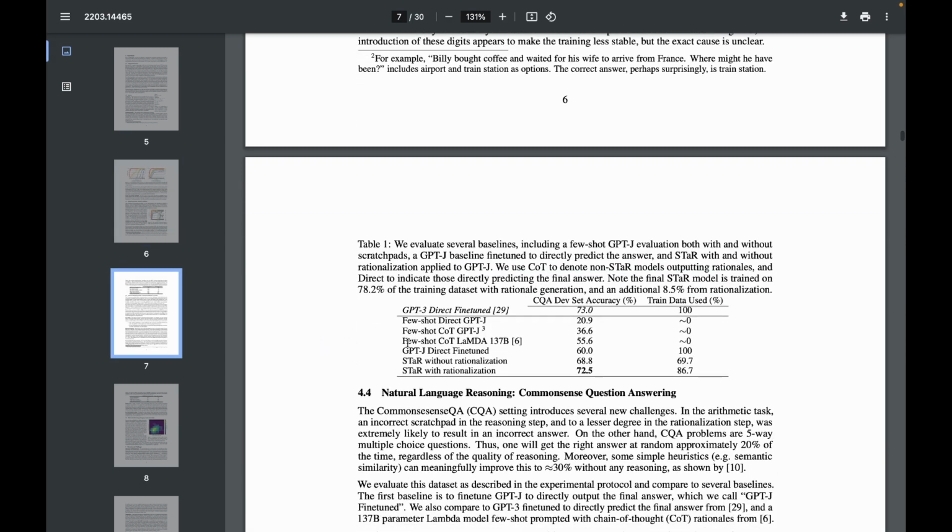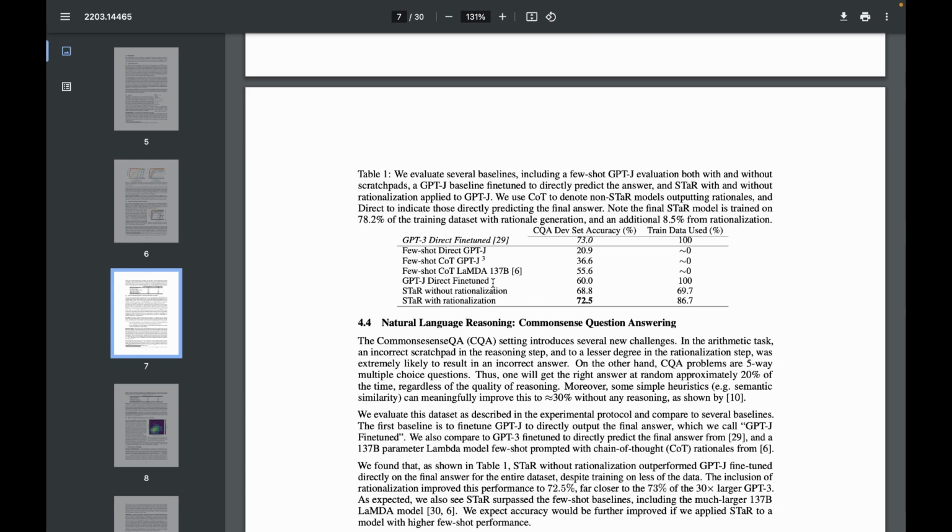So on CQA, for example, we see that STaR with rationalization substantially improves over just directly fine-tuning a GPT-J model on it, going from 60 to 72. And even without the rationalization, where the model isn't being fed the post-rationalization from giving the answer hint, and also fine-tuning on that, even without doing that, you get a substantial boost.